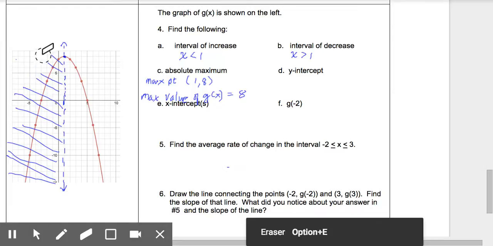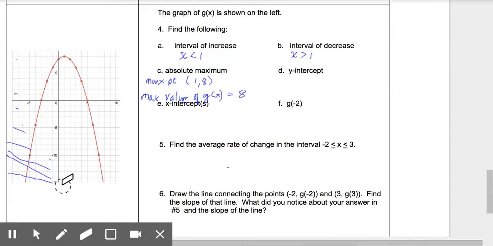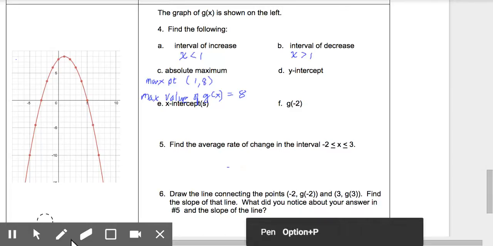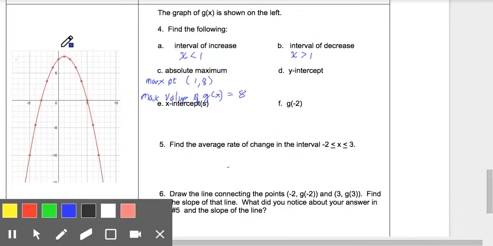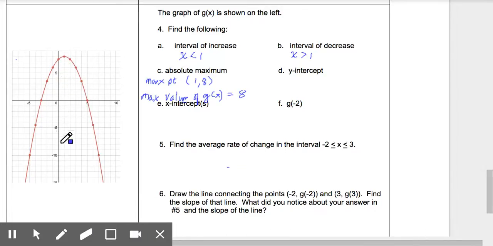Now we want to find the y-intercept. The y-intercept is where the graph crosses the y-axis. So here's the y-axis. Now where does the graph cross the y-axis?